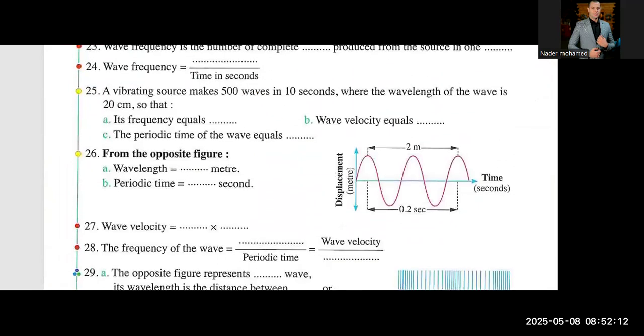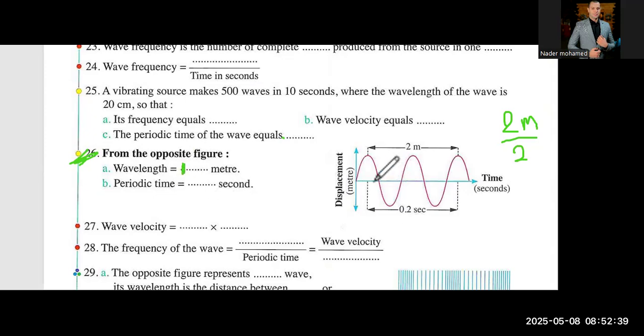At this point, I need to calculate the wavelength. Wavelength is total distance over number of waves. Total distance is 2 meters, over number of waves, which is 2 waves. 2 over 2 is 1 meter.